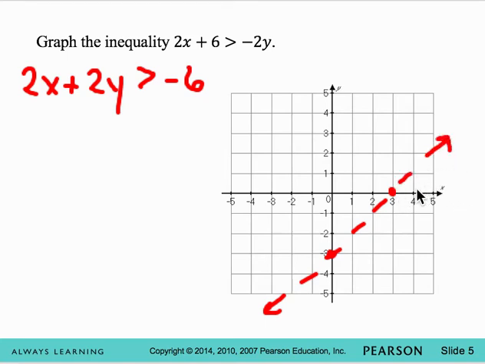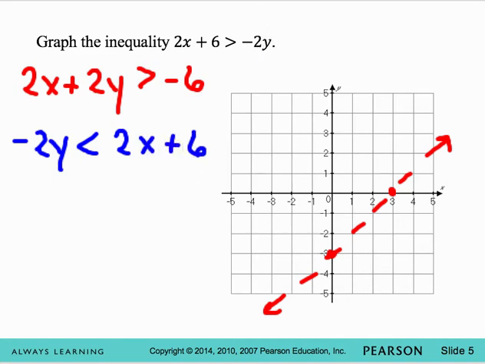Before we decide our shading, let's look at what if we wanted to solve it for y. A couple of things I have to be careful of. If I'm going to turn this around so that my y is on the left-hand side, I have to make sure this faces the same direction. The little side has to continue pointing to the y, and the big side has to continue pointing to the 2x plus 6.